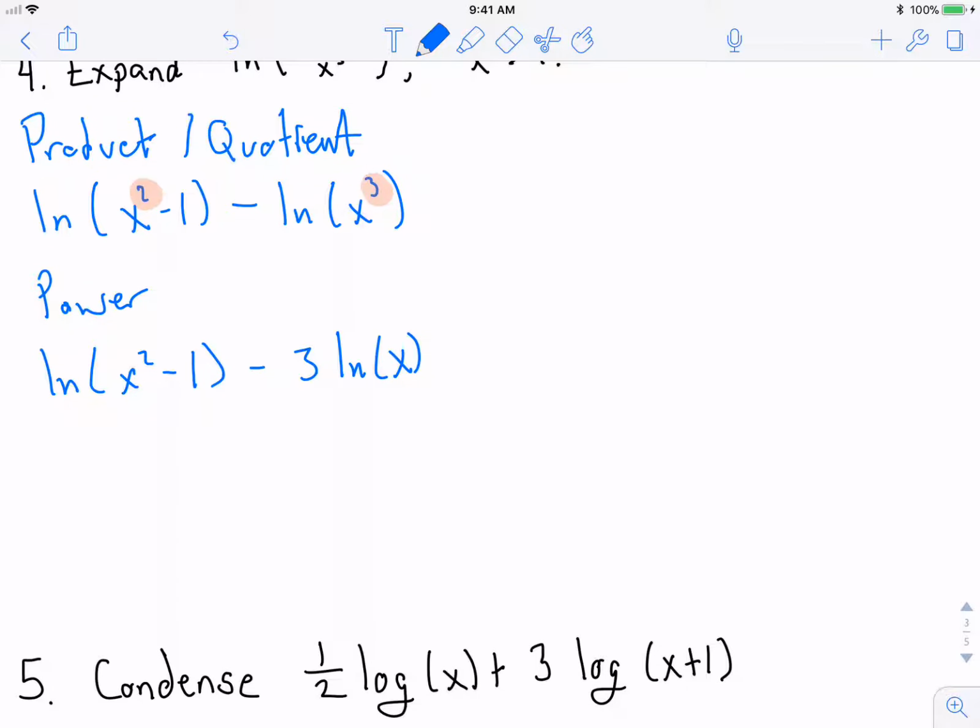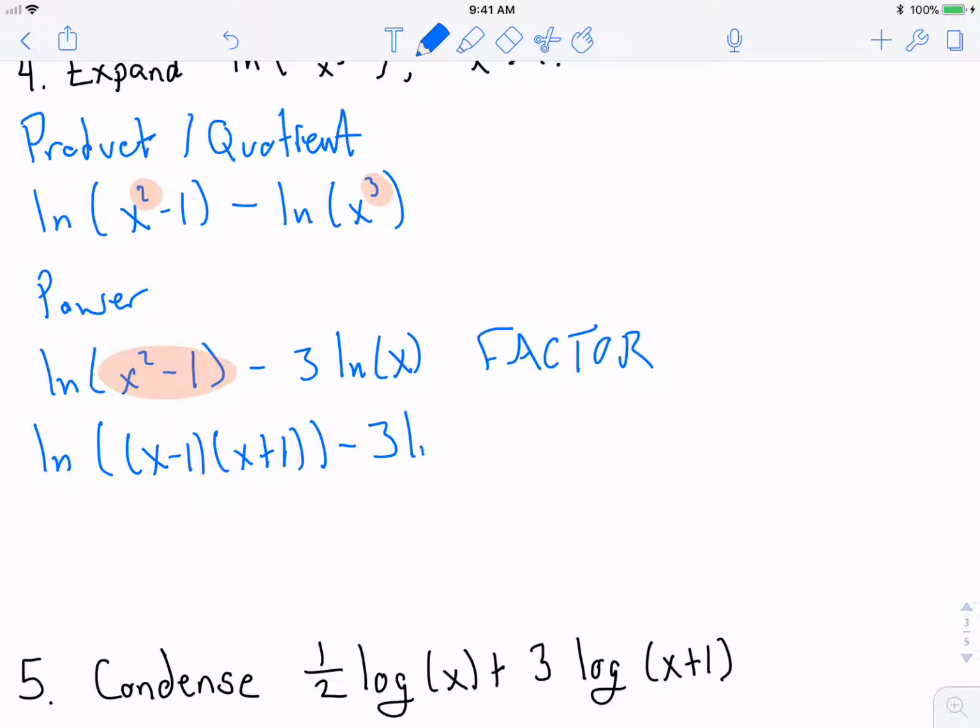We can simplify this one down a little bit more if we factor the inside here. So if we factor x squared minus 1, this becomes natural log of x minus 1 times x plus 1 minus 3 natural log of x.